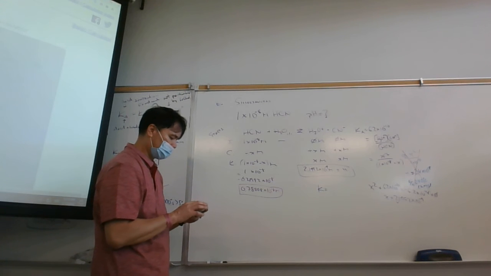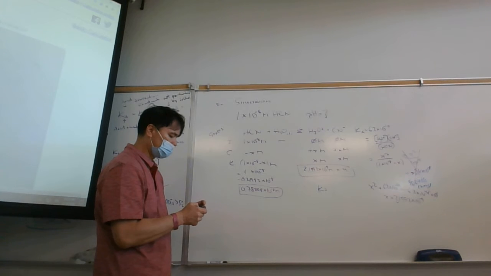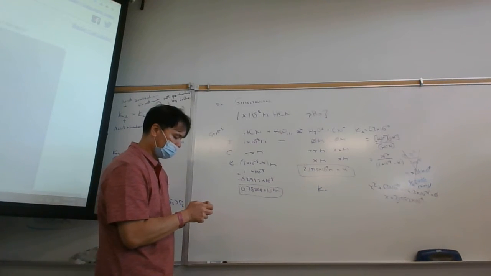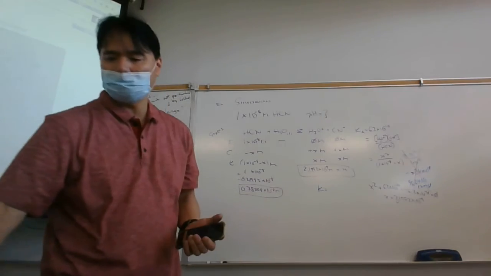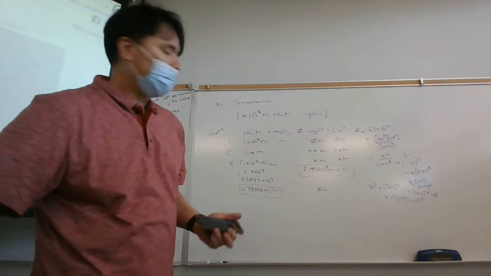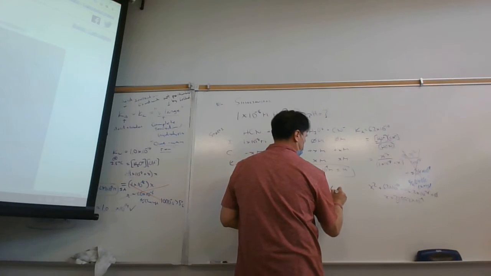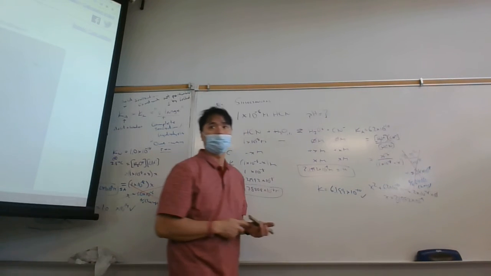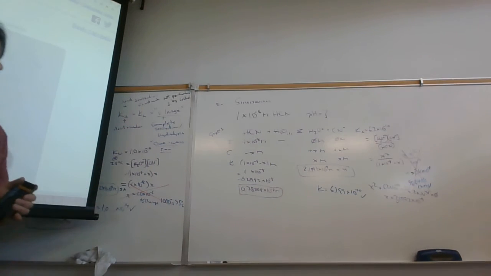I got 6.199 times 10 to the negative 10. Okay, good. So this comes out to 6.199 times 10 to the negative 10, which means it's good. Right? It should be 6.2. That's what it came out to.